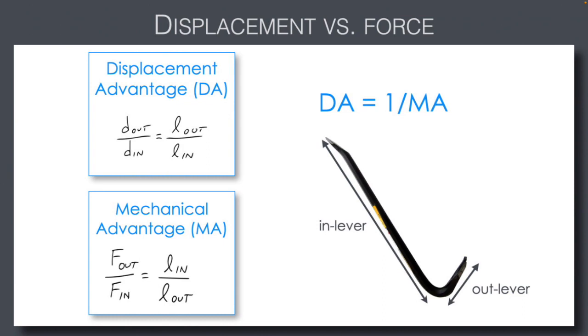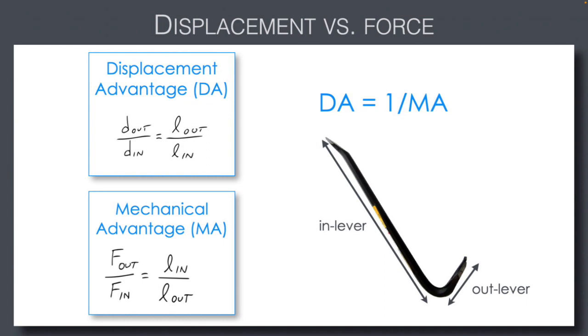Okay, so we were talking about this displacement advantage, mechanical advantage. If mechanical advantage is high with a lever system, then you're going to get more force output per amount of input of force. So you can think of it as the amplification of force, and that is perfectly the inverse of the displacement advantage.